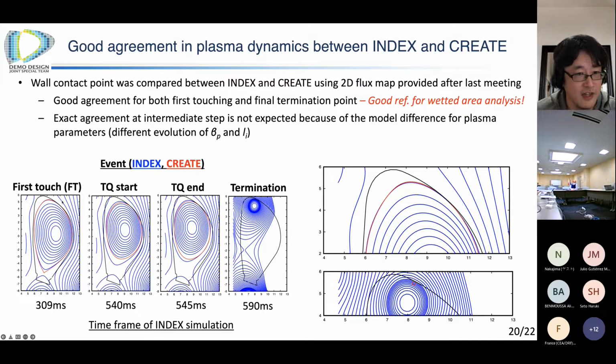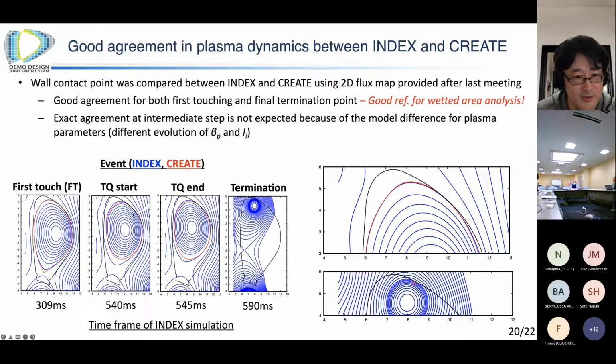And this is the time evolution of the plasma shaping during the VDE and the thermal quench. And you can see that this red curve is the last closed flux surface provided from the Kinetic code, and the blue is the INDEX code.